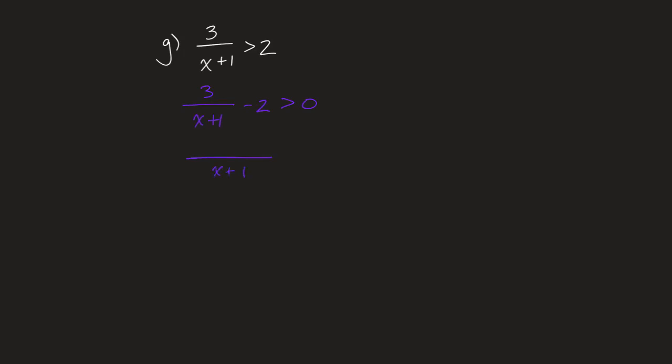In this case, I have to get a common denominator. So I need to multiply my negative 2 by x plus 1. Well, now I can go through and I can expand my brackets because I'm going to have to simplify that fraction. And when I do simplify it, I get down to this.